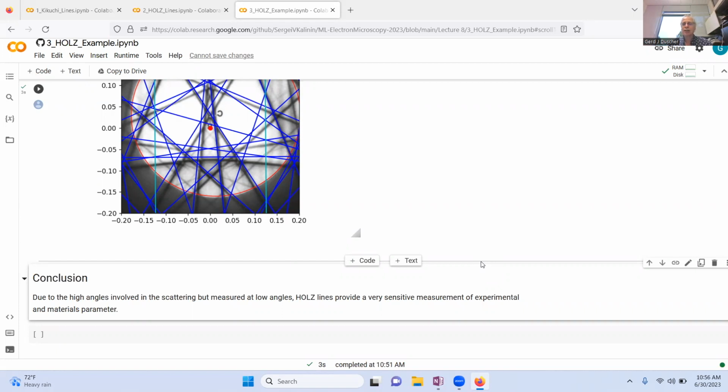The coherent case will be using the thermal diffuse scattering. So we have to look at the dynamic scattering of thermal diffuse data.